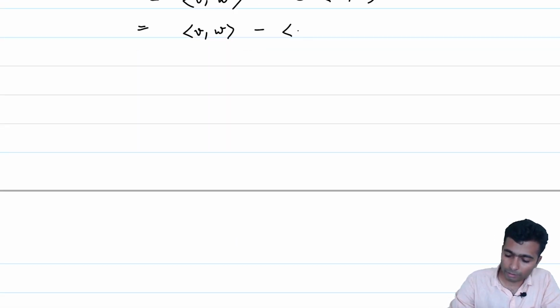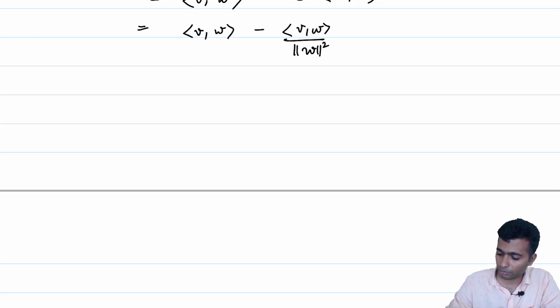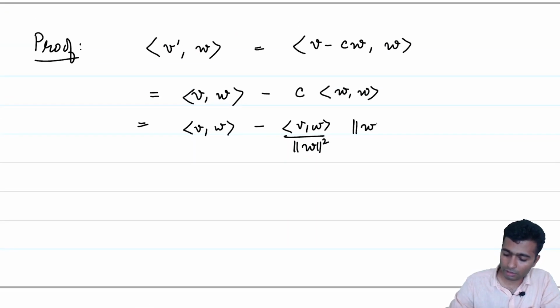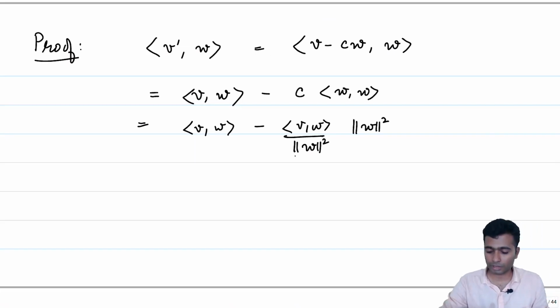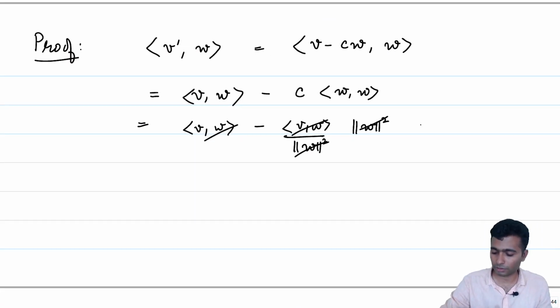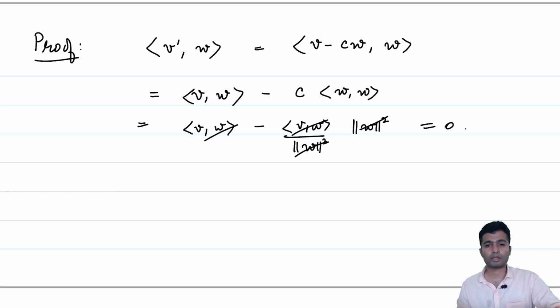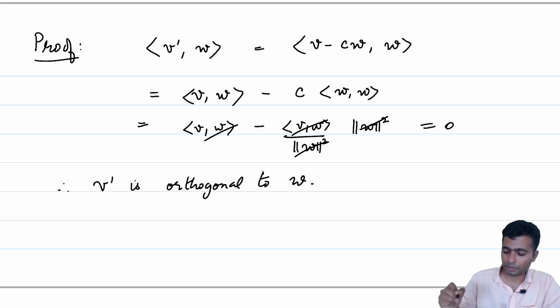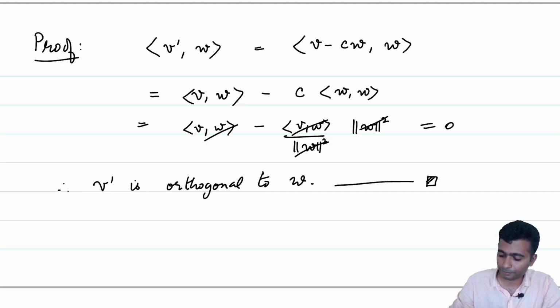So this is the inner product of V with W by the length of W squared, times the inner product of W with itself, which is the length of W squared. So this cancels, this also cancels, which is equal to 0. Therefore, V prime is orthogonal to W, and that is what we had set out to prove.